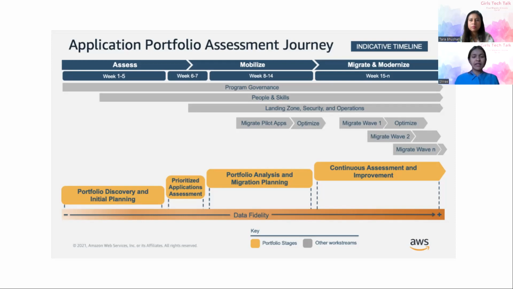DevOps teams are responsible for deployment and operations, and there are developers and testing teams. It has a week 15 plan, which I would say is for a small to medium number of applications. So these are the phases.